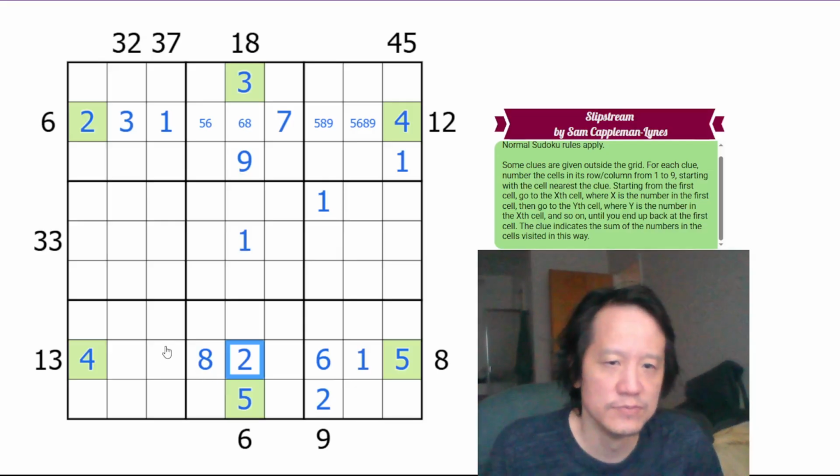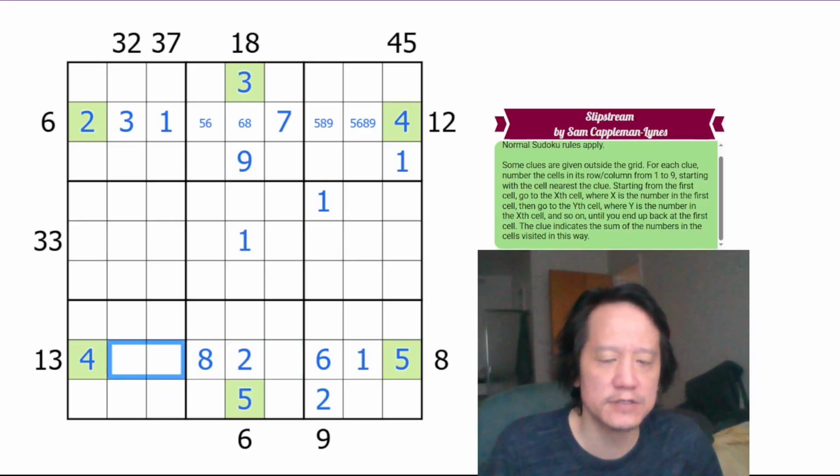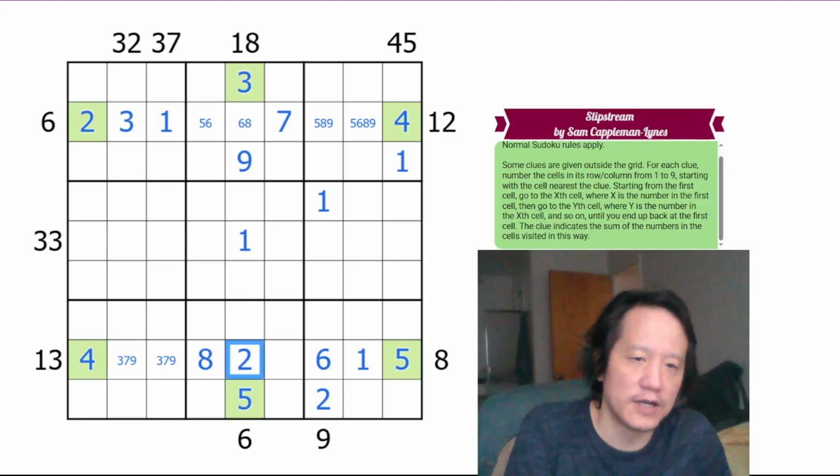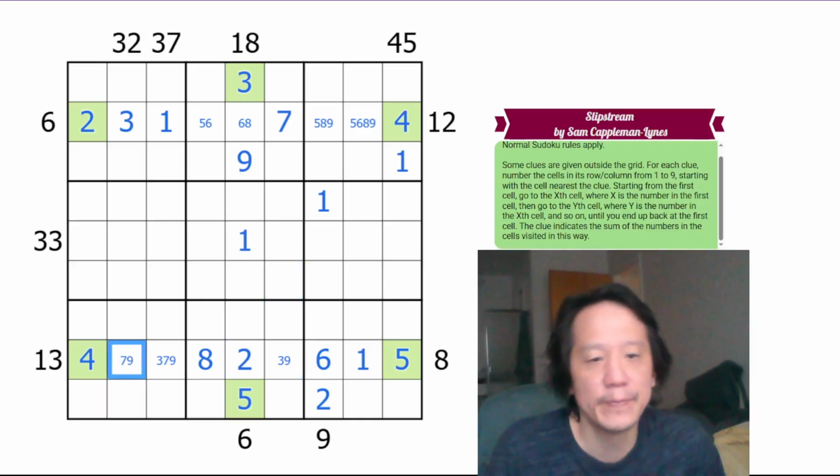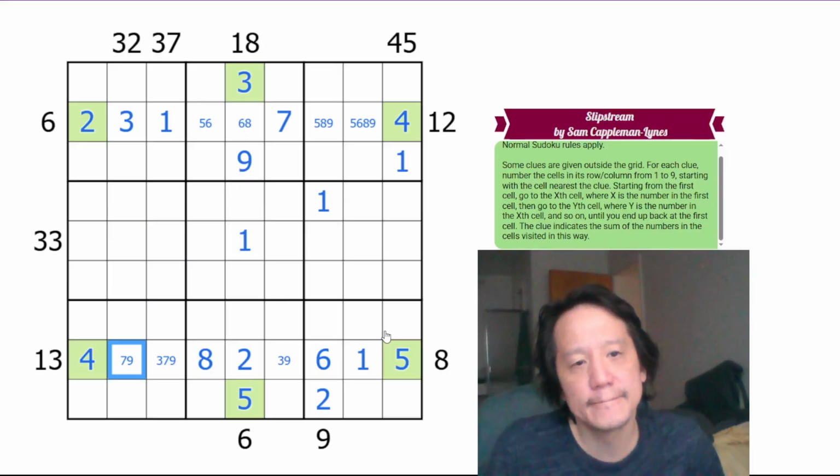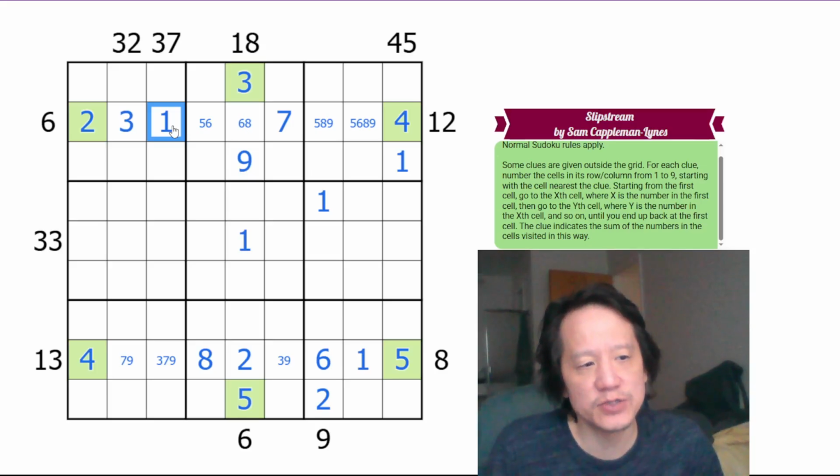Okay. Remaining digits in row 8 are 3, 7, and 9. This can't be 7 because of the 7 in the column. This can't be 3 because of the 3 in the column. This 1 needs to get back to a 2.